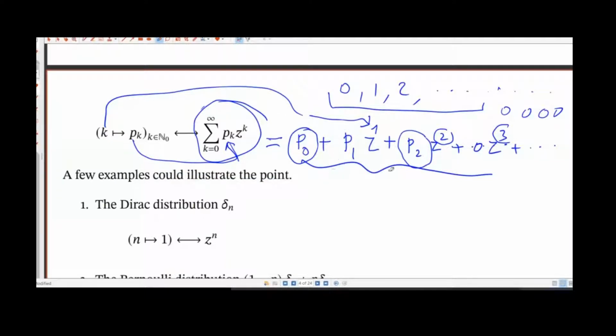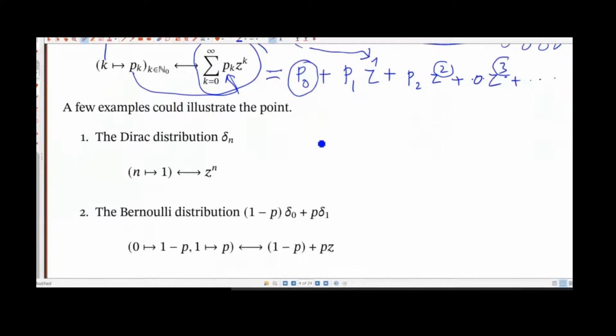So the Dirac distribution delta n has only one value, and that value is n. And what is the probability at that value? 1. Yeah. So if you look at that, all the coefficients must be 0 except which one? z to the n.